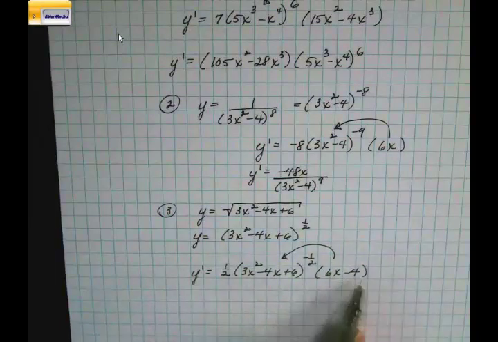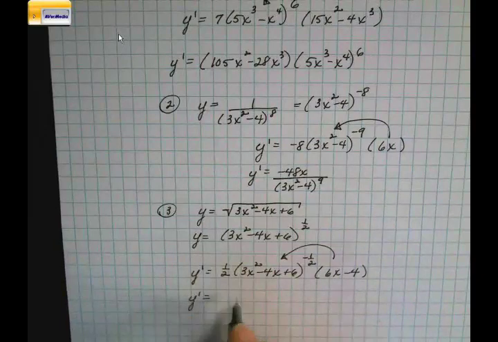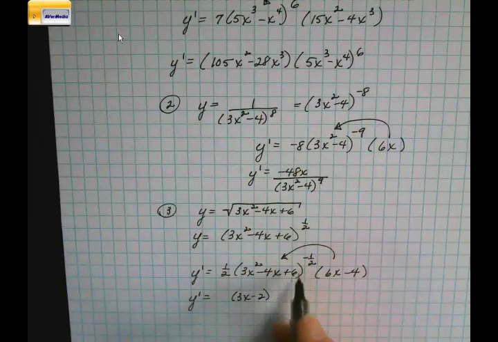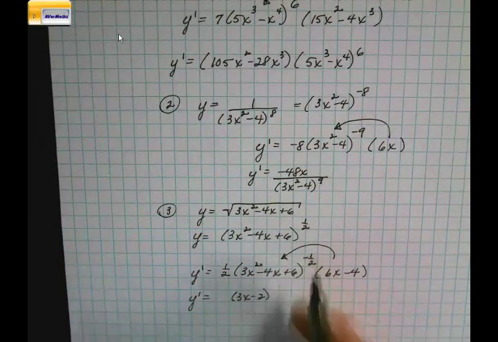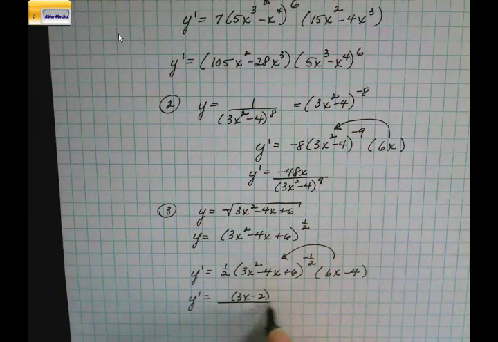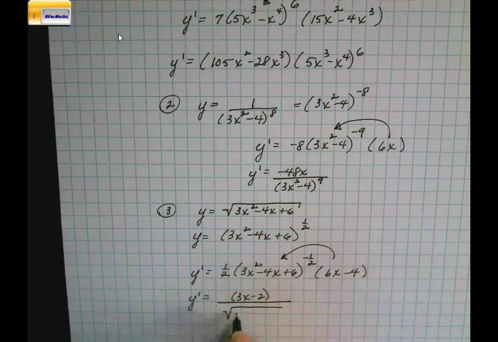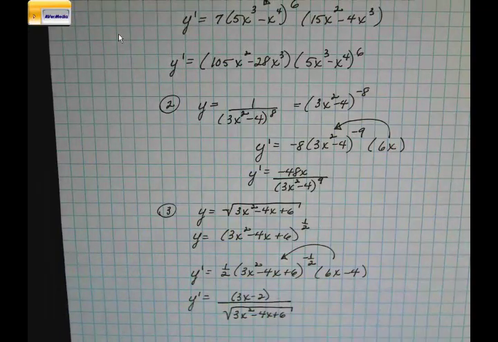So when you take the 1/2 times the 6x minus 4, it becomes 3x minus 2. And then this negative exponent is going to drop it, and we're going to convert it back to the radical. So it's going to bring it down, and I'm going to convert it back into the form of the radical. And there's your first derivative.